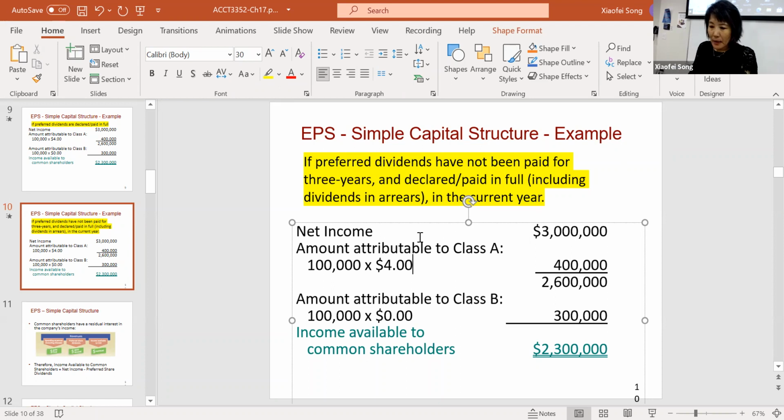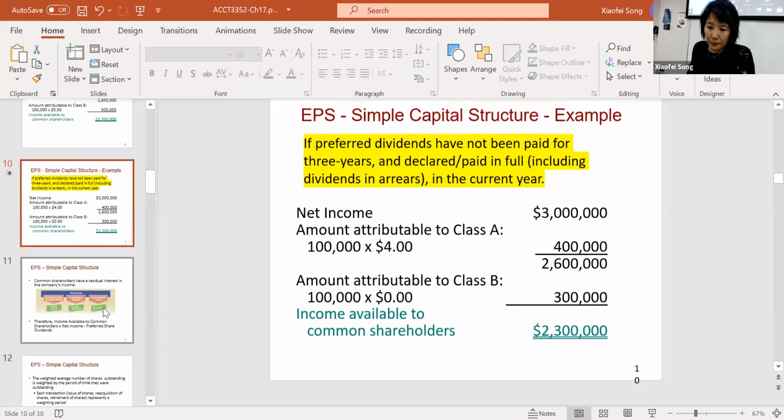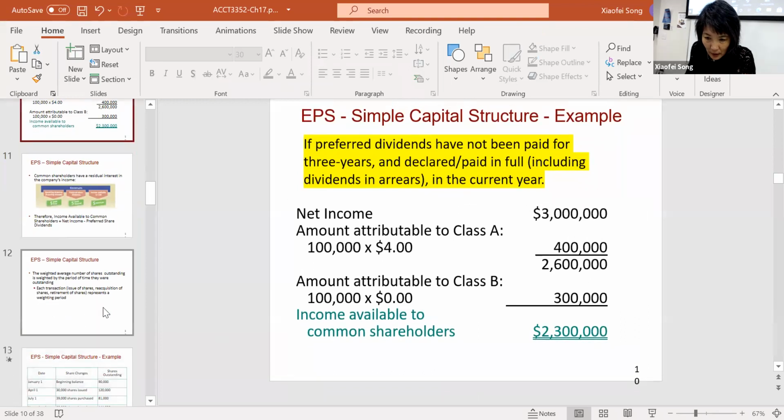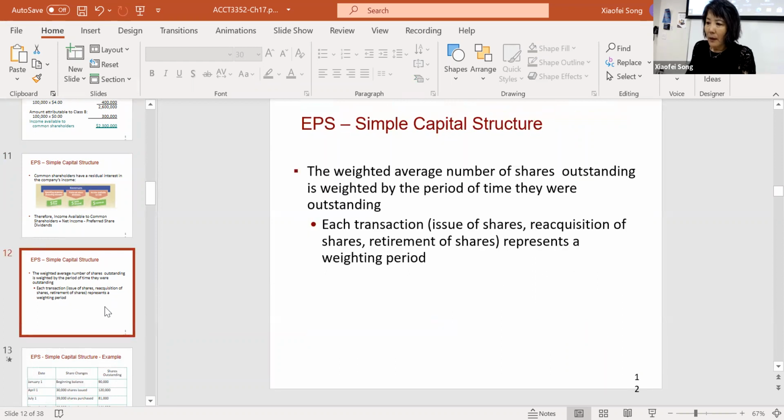Okay, so that's the numerator. On the denominator, the weighted average number of shares outstanding is used. The weighted average number of shares outstanding is weighted by the period of time they were outstanding.